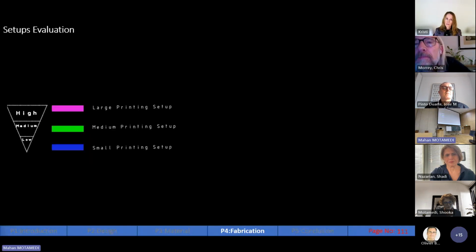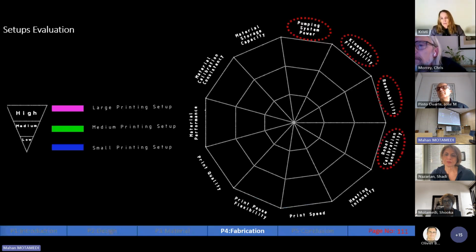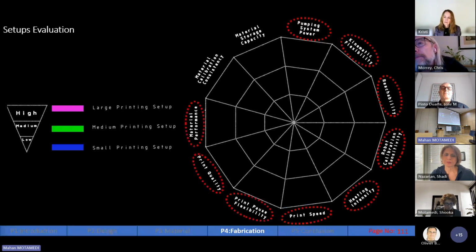To compare the 3 different prototyping setups that I presented, the prototyping setups are compared based on 11 criteria: pumping system power, kinematic flexibility, reachability, calibration sensitivity, layer heating intensity, print speed, print path flexibility, print quality, material performance, material consistency, and material capacity.